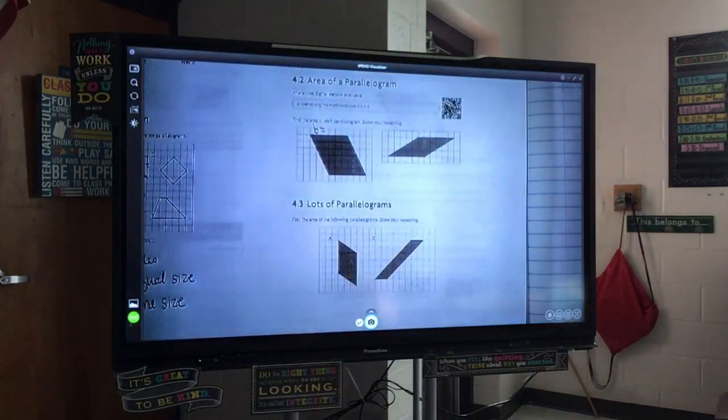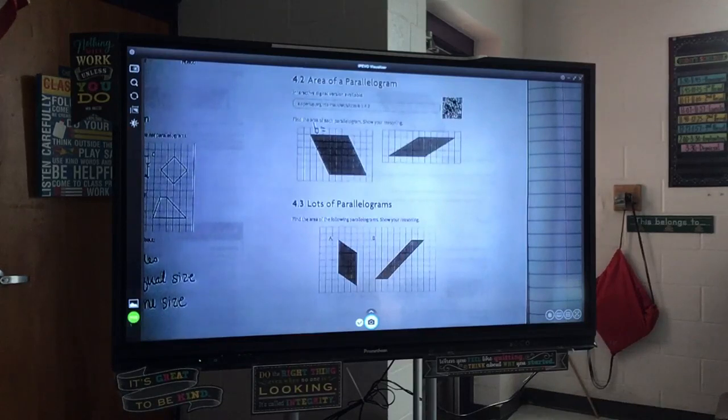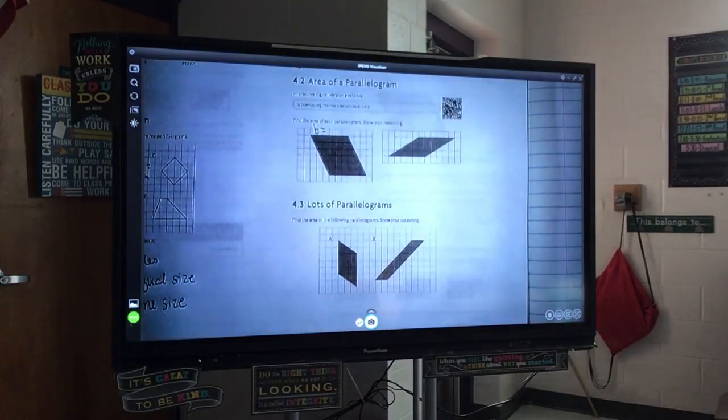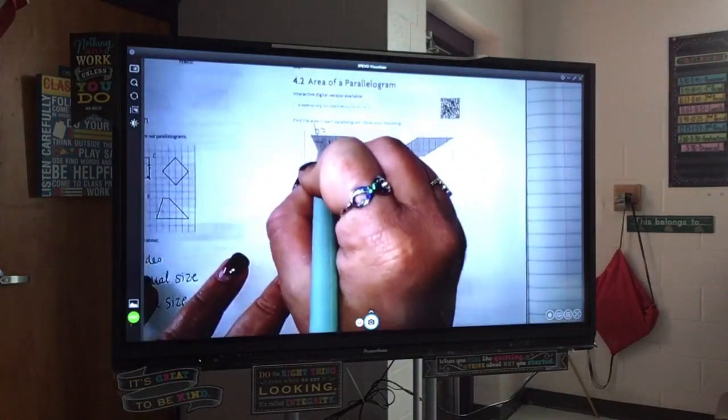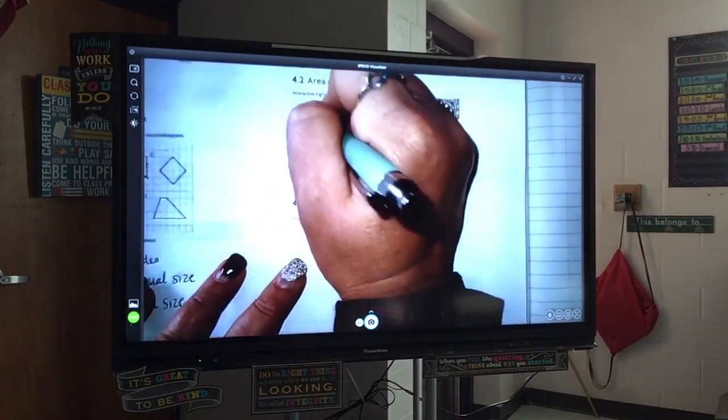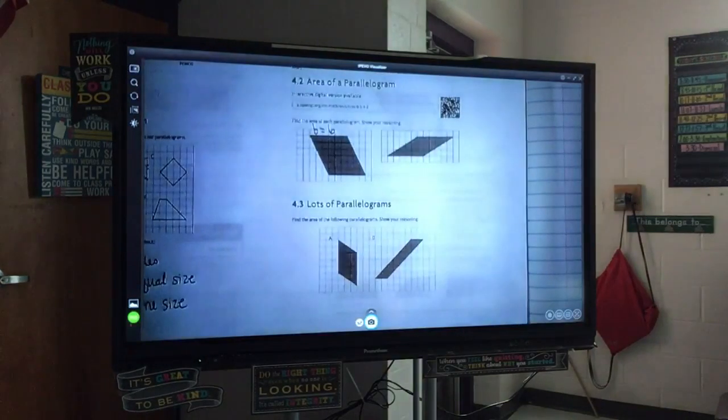Cooper? Right now, we're just simply asking, what is the measure of our base? Camden? However many squares there are. Right. So I'm going to do 1, 2, 3, 4, 5, 6. So the base equals 6.